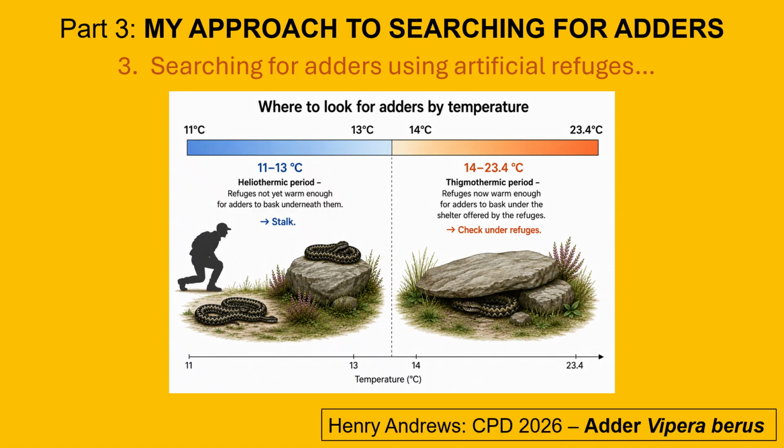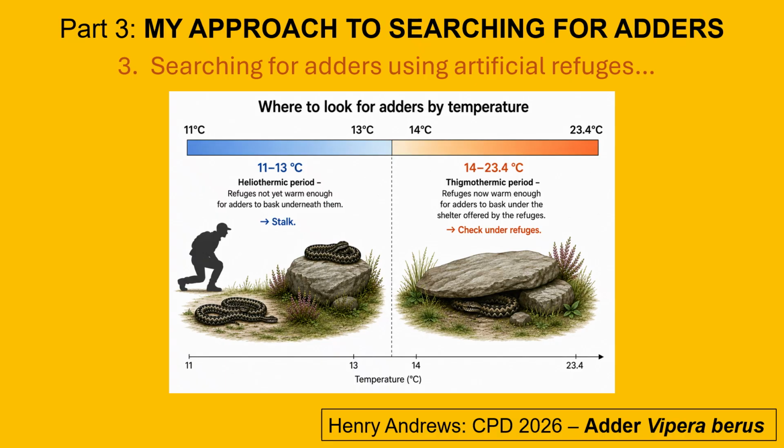But when the temperature is what I consider to be the thigmothermic period from 14 degrees upwards and the refuges are themselves warm enough for the adders to get the heat they want by sheltering underneath and avoid the risk of avian predation, I start looking under the refuges as well. So I'll repeat that. When the temperature is below the 13 degrees, I will stalk. I'll approach the refuges, but I don't flip them.